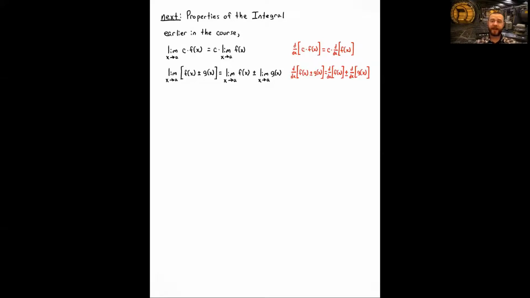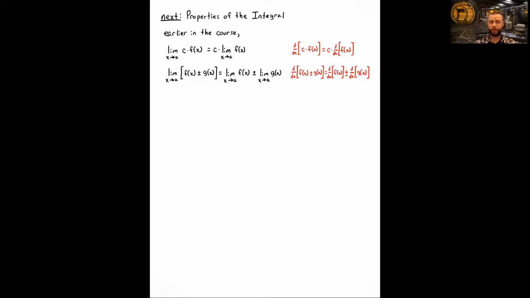It basically says if we have a constant multiple, a constant multiplying a function, where we have two functions, f and g of x, that we're adding or subtracting, we have some simple rules that relate to evaluating their limits. The first one, you can pull constant multiples in front of the limit.